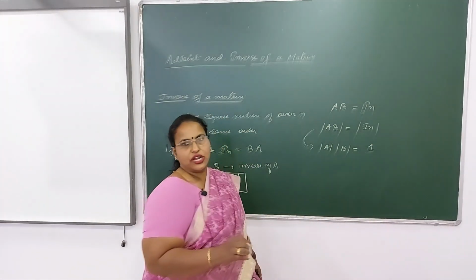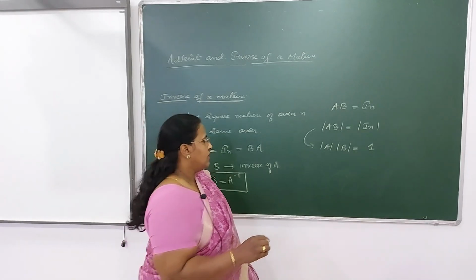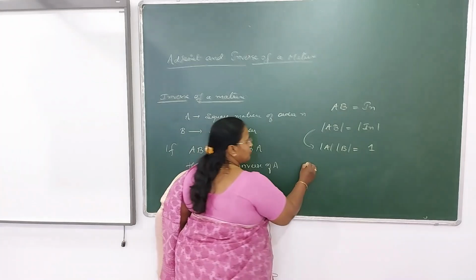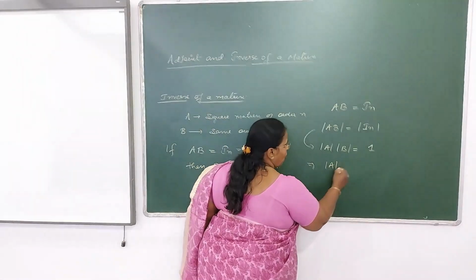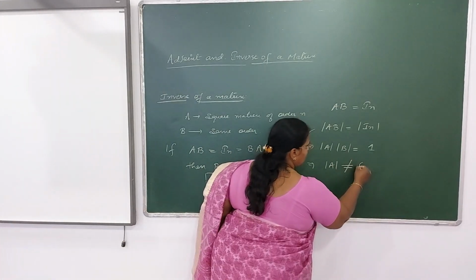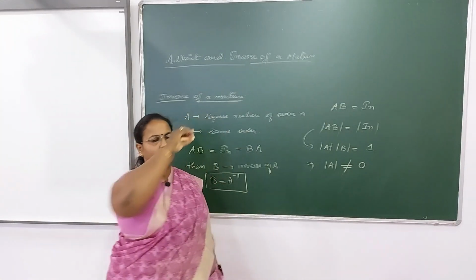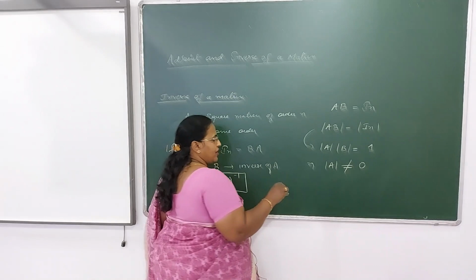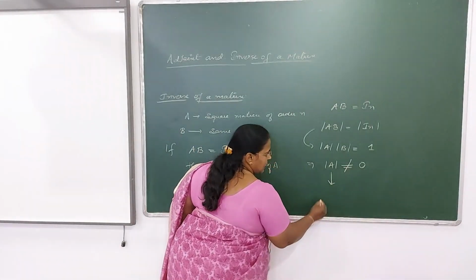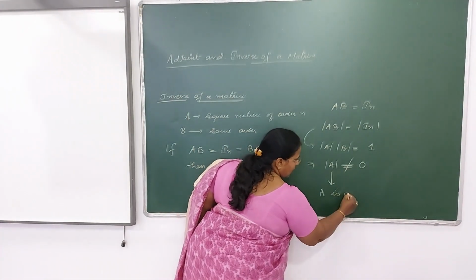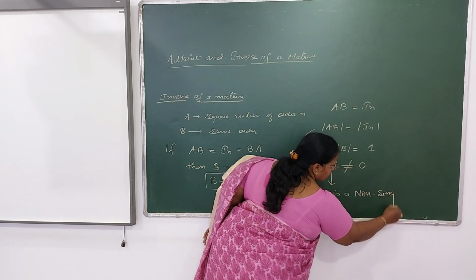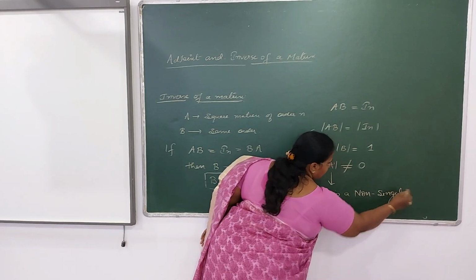Now, a very important condition: determinant of A into determinant of B is equal to 1. This means that determinant of A cannot be equal to 0, and determinant of A not equal to 0 means A is a non-singular matrix.